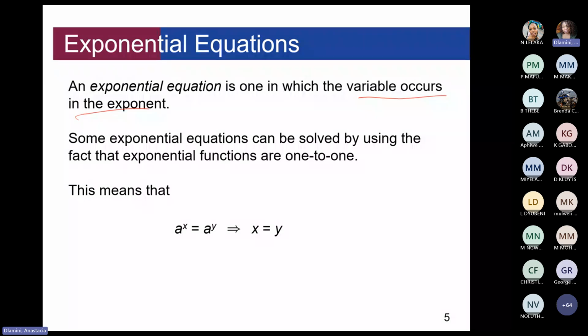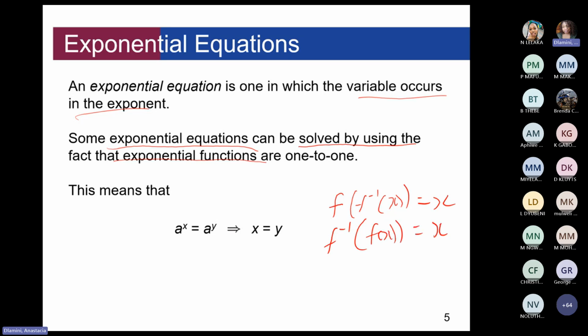We know that if an exponential function is one-to-one, then it has an inverse, meaning it follows the inverse function property: if you take the composition of a function and its inverse, it gives you x, or you take the inverse and put the function itself inside, it will give you x.